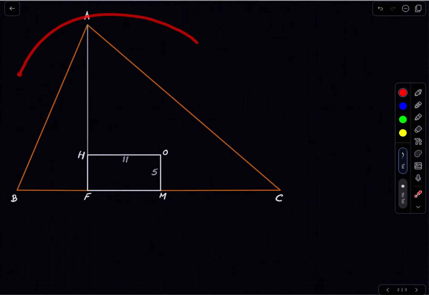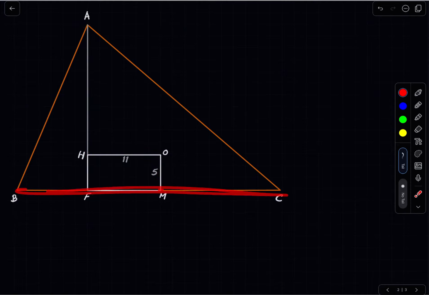So this is the more proper diagram. We have the triangle ABC. This rectangle is here where H is the orthocenter, M is the midpoint of BC, O is the circumcenter, and F is the foot of the perpendicular dropped from A, because it is the line passing through A and the orthocenter. So basically this is the diagram and we need to find the length of BC.